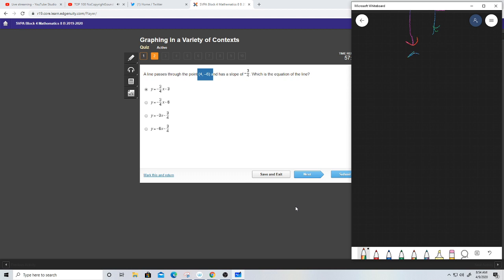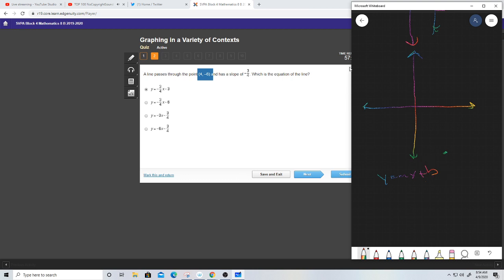just to quickly show you so that you can see this stuff. 4, -6. Okay, so here's the origin. 1, 2, 3, 4. 1, 2, 3, 4, 5, 6. This right here, remember, is the b. The b from y equals mx plus b.